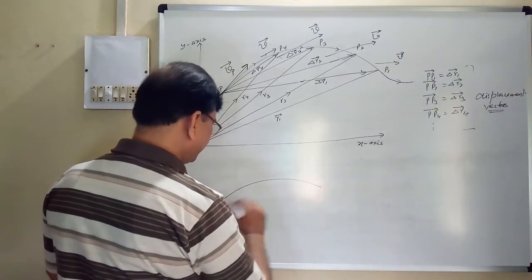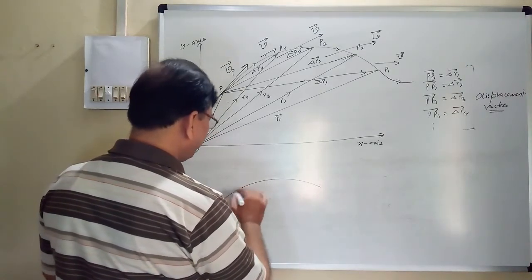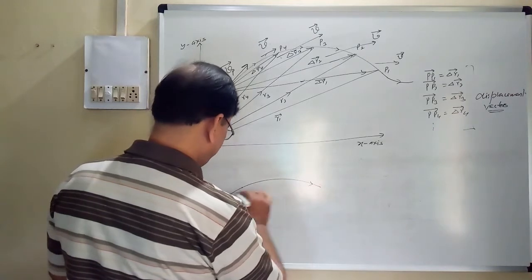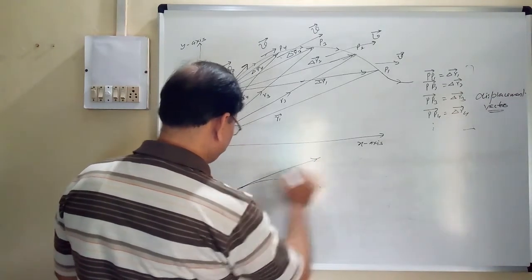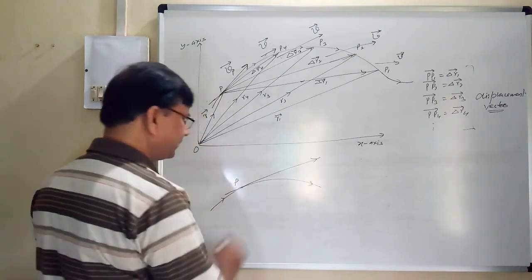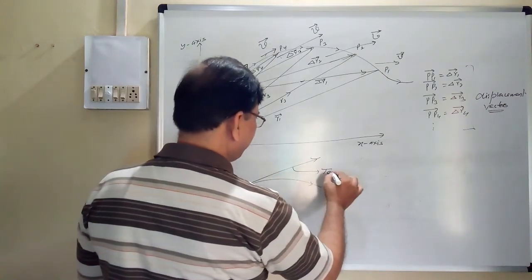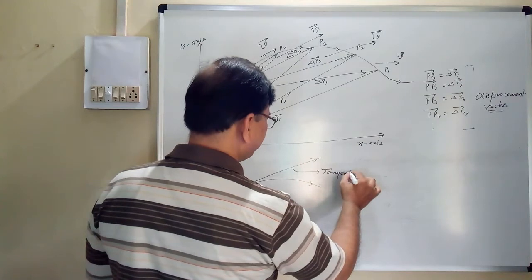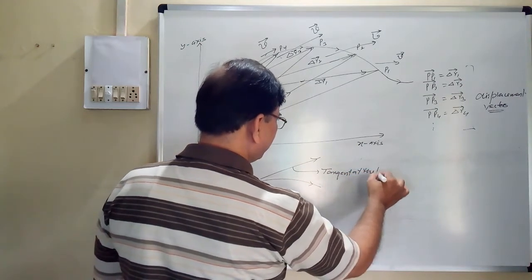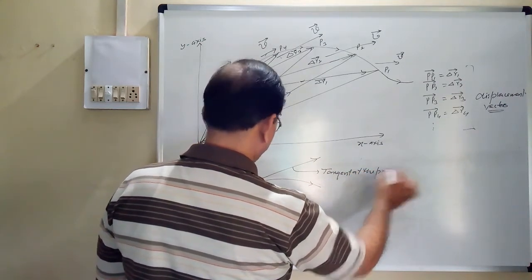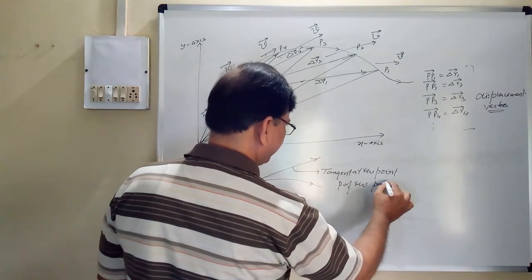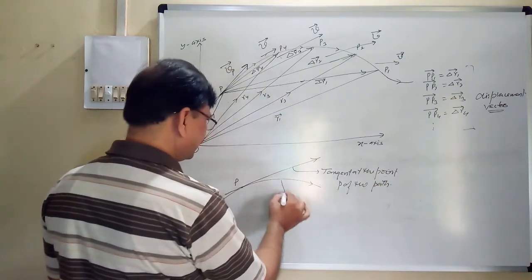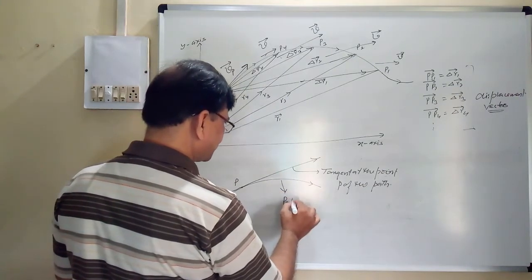This is the curve. So tangent means a line touching this point, and we are drawing a straight line. So this is the tangent at the point P. This is the tangent at the point P of the path of motion.